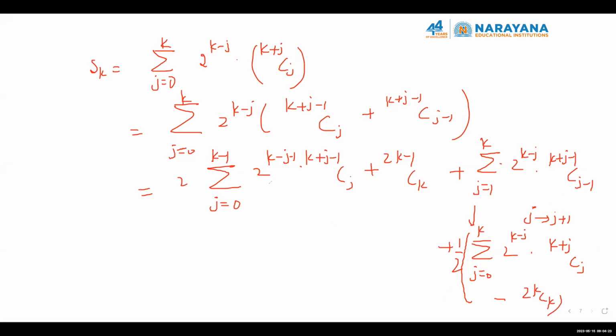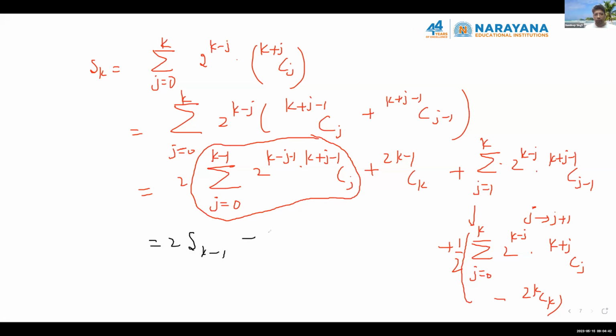Yes, sir. Correct. Now, what is this term? J from 0 to k minus 1, this whole term. Look here, sk above. So can I write this as sk minus 1 plus, and then you can club that also, you can do it later. 2 times is there.